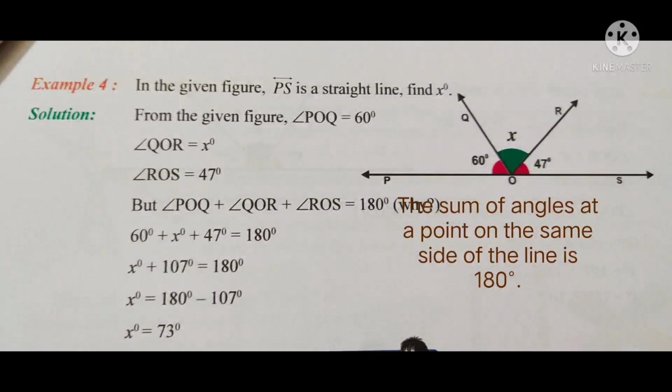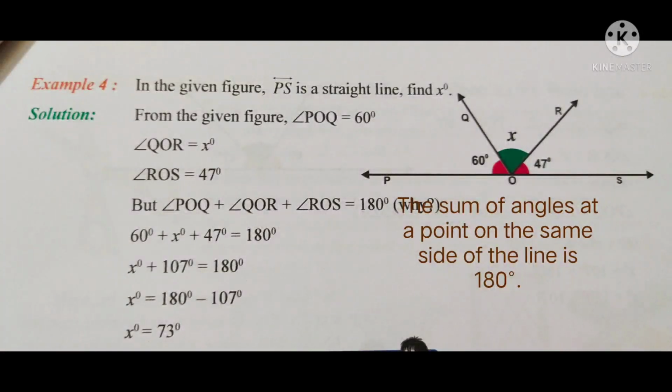Find x degrees. Solution: observe this figure. What is given is angle POQ is 60 degrees, angle ROS is 47 degrees, and in the middle is x degrees. We need to find x degrees.